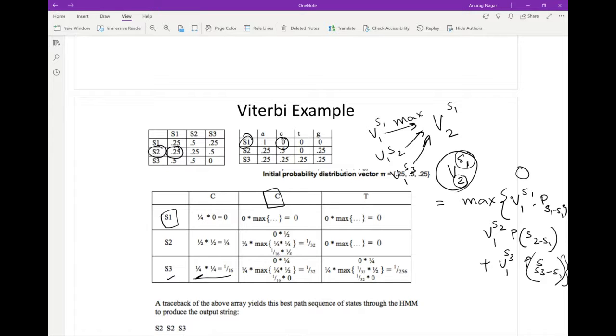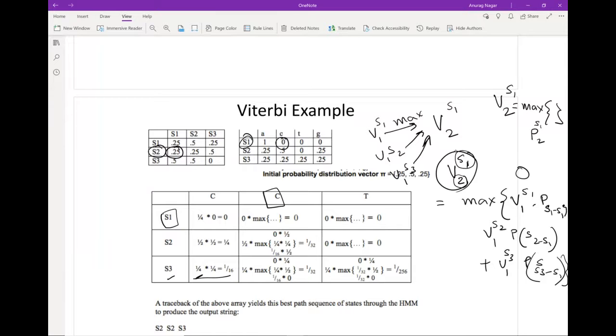Because Viterbi time 2 S1 would be max of 3 terms multiplied by the probability of being in state 1 at time 2.